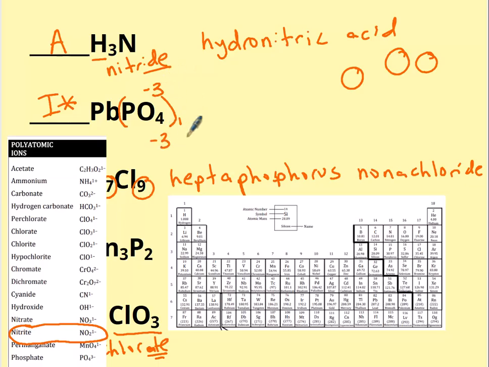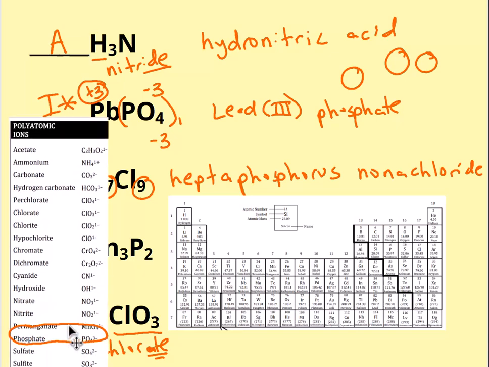So I've got a -3 overall, which means lead needs to be a +3 in this case. So I've got lead 3 phosphate. Because again, I'm not changing the ending of my polyatomic ion. I'm leaving it as it is.